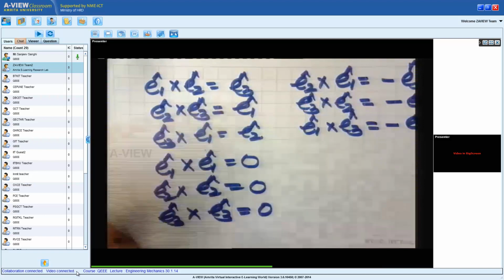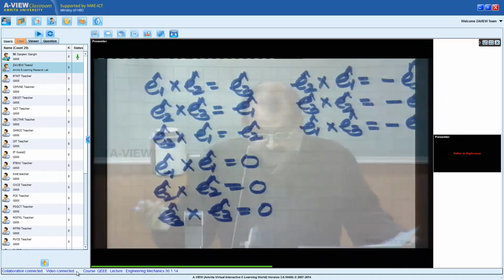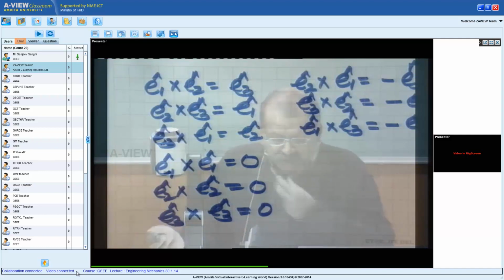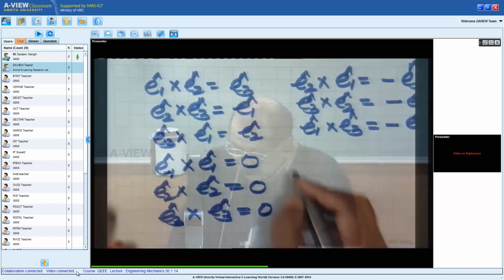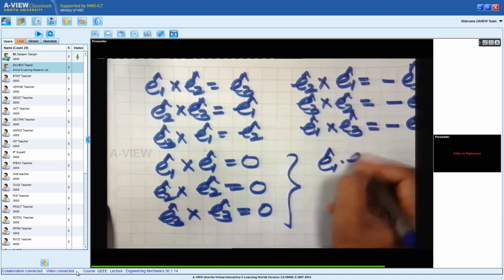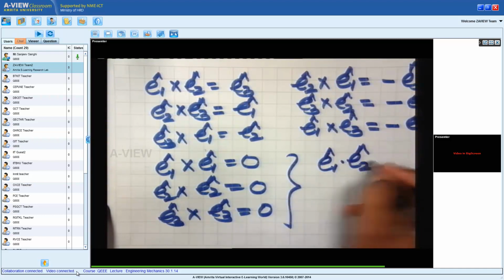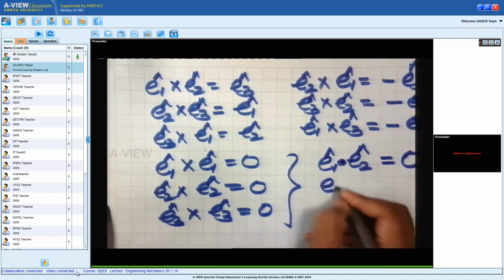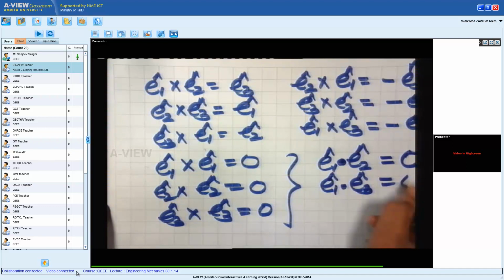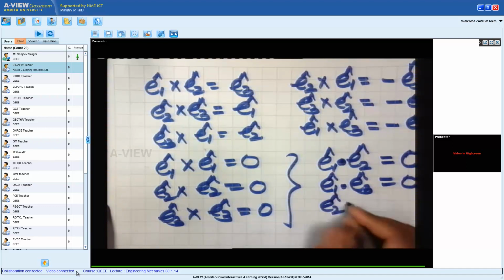So this is the full expansion of the orthogonal triad. Now we also see some more properties here. If I look at a dot product of E1 dotted with E2, because these are mutually perpendicular, this will be 0. Similarly, E1 dotted with E3 will be 0, and E2 dotted with E3 will be 0.